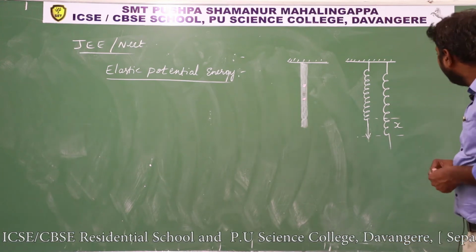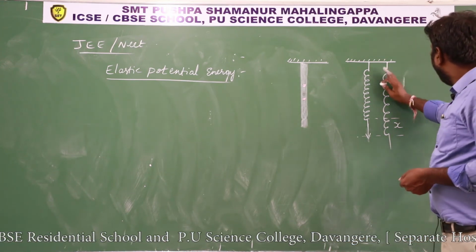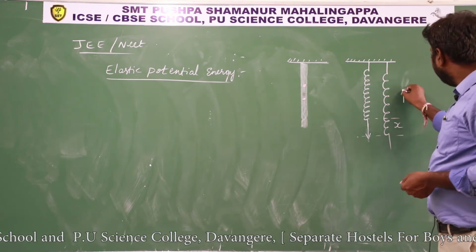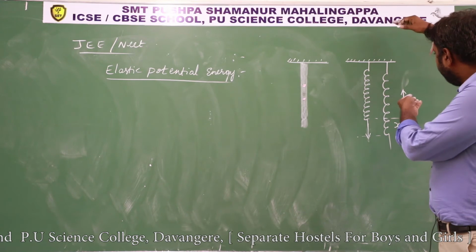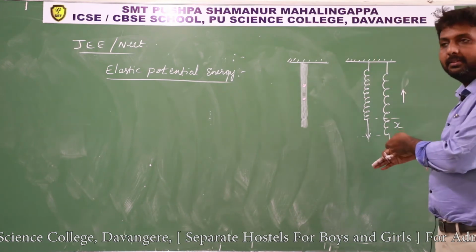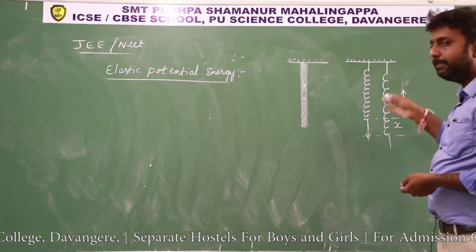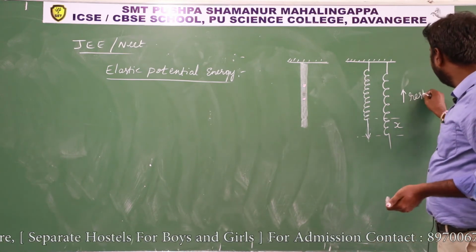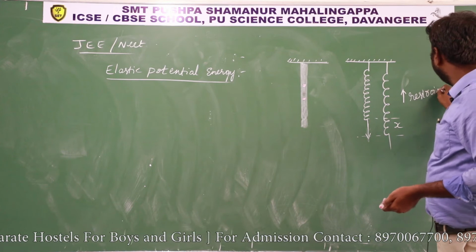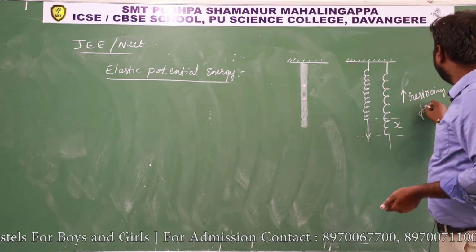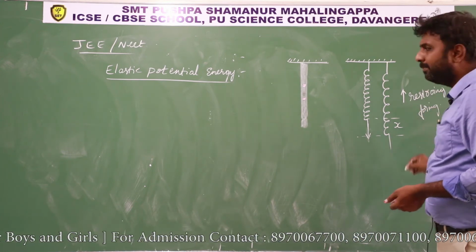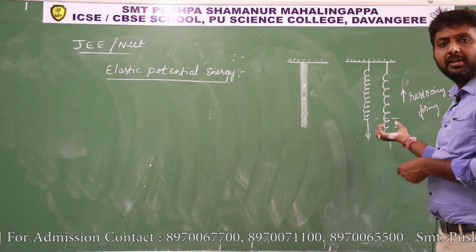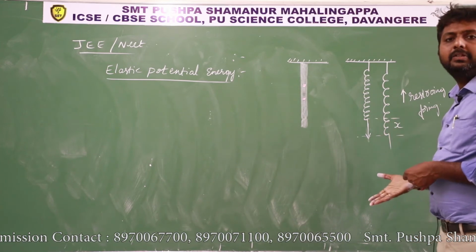Okay. And here in this example, the spring is going back towards its initial position, which means definitely a force is developed in the spring. Again, what type of force? We have studied in the beginning, that is restoring force. A restoring force will develop, and whatever work we do now will be stored in the form of its potential energy.